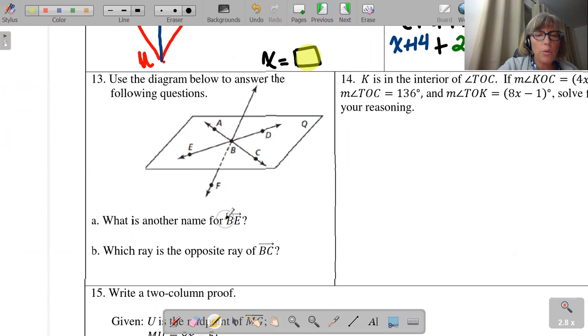It asks, what is another name for line BE? So BE is that line. Any 2 points name a line. So that could be called something like BD or DE even.